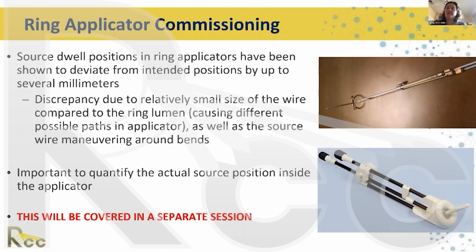And that also depends on which ring applicator design you have. They actually differ. I know for Varian, if you have a titanium ring or plastic ring, they look very different. Because this is a very complex topic that will require a lot of attention to detail, we decided to cover that in a separate session. Okay, so we're not going to talk about this today.